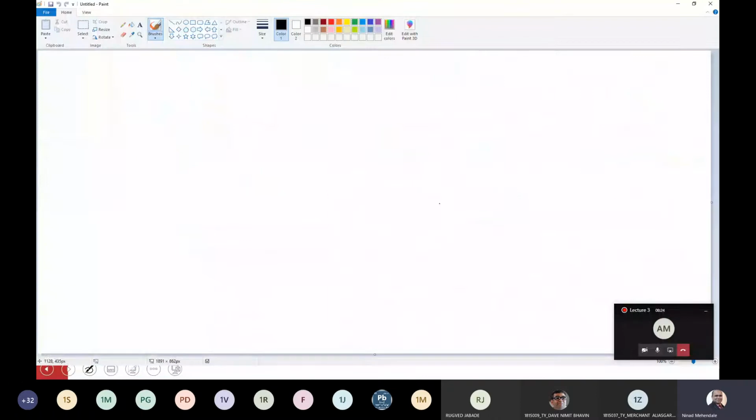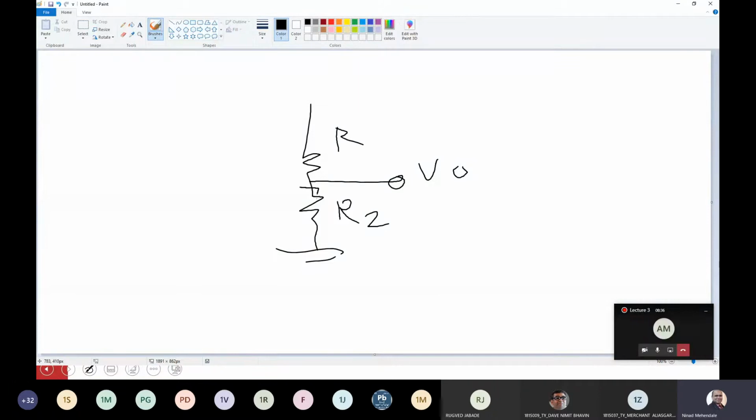Basically, what happens when you connect two resistors in series and you try to measure a voltage across this point VO. So basically, as per Ohm's law, the voltage across this point is the current flowing through this resistor R2, so V is equal to IR, so I into R2. But what is the current flowing through a series network? It is always the same.